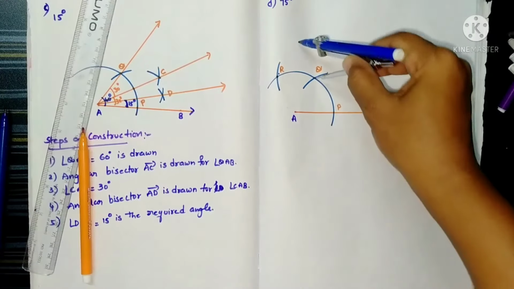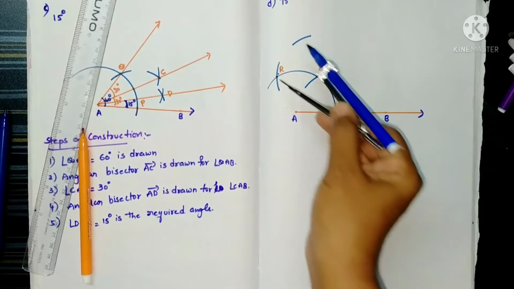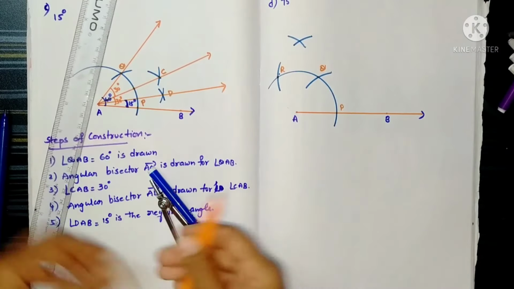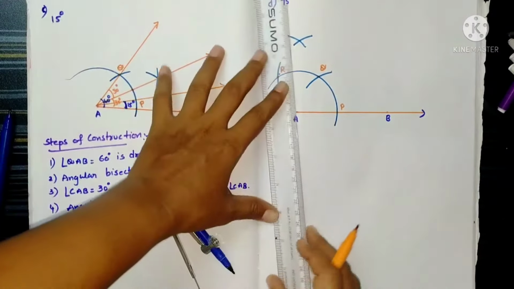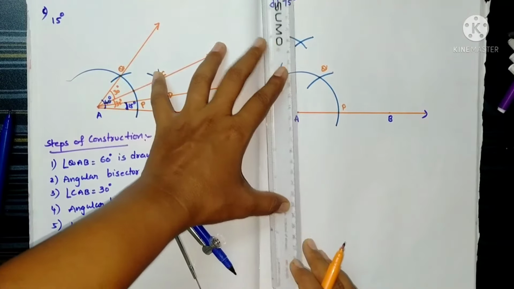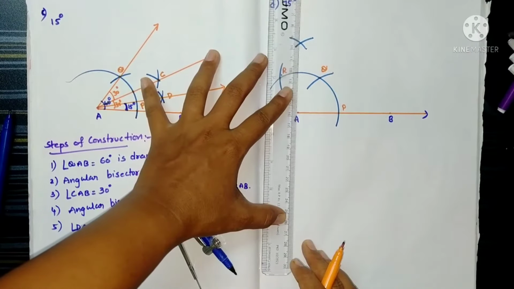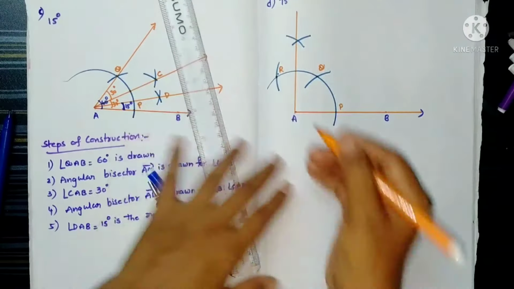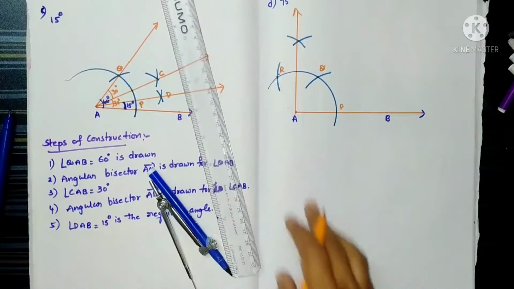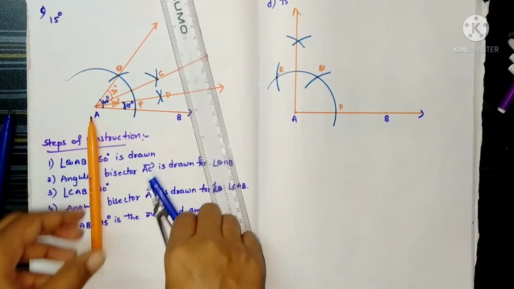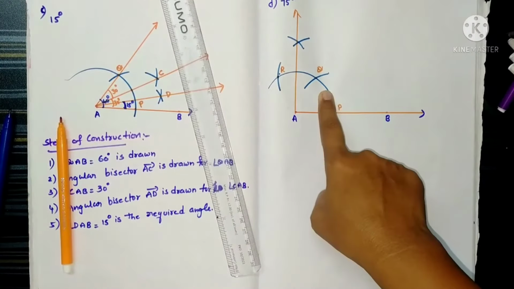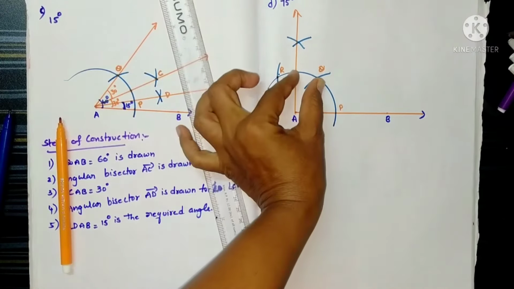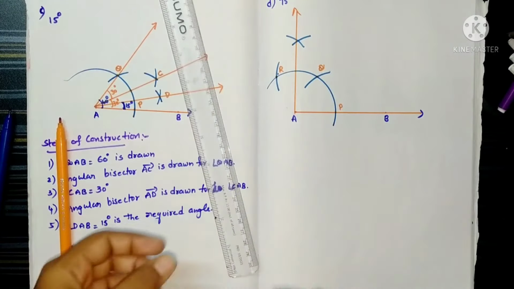Okay, so from Q one arc, from R one arc. So this is the angular bisector. So this is 90, this part 60 and this is 30. Again we have to divide this 30 into 2 equal parts.